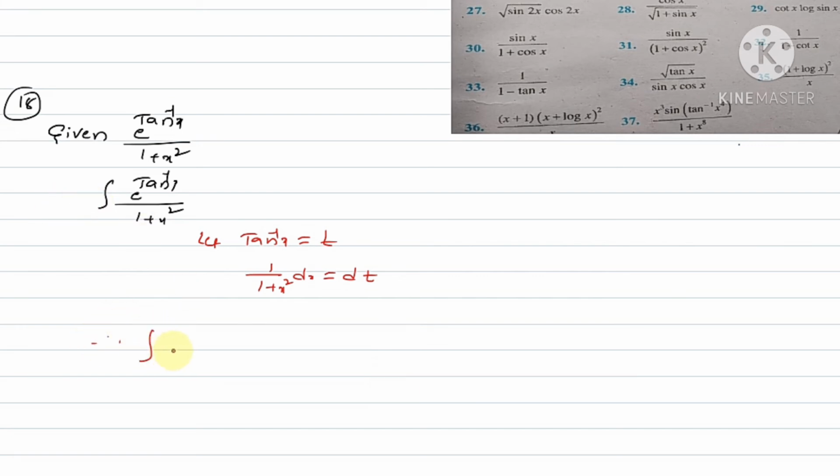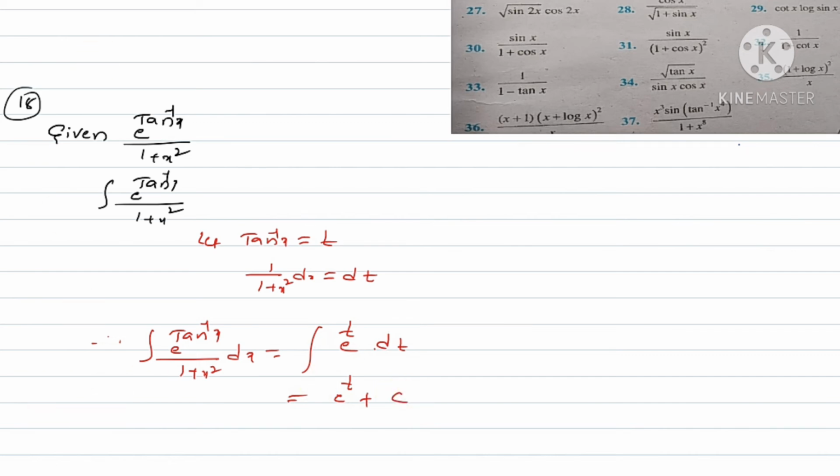Therefore the integral of e power tan inverse x upon 1 plus x square dx is equal to the integration of e power, what is tan inverse x? The substitution for tan inverse x is t. So 1 by 1 plus x square dx we can write as dt, and we know that the integration of e power t is e power t with the addition of some arbitrary constant.